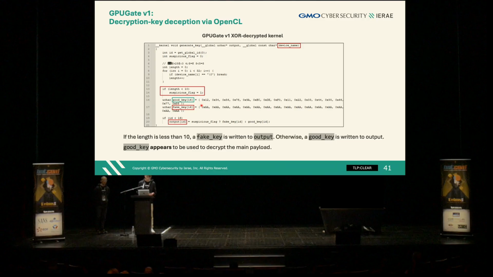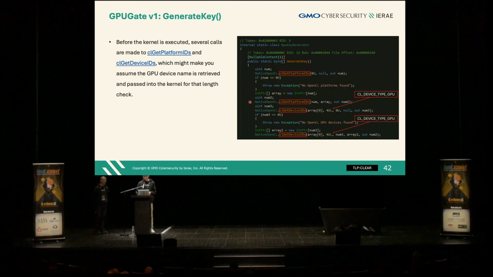So it would appear that this good key is used to decrypt the main payload, right? Before this kernel is actually executed and invoked, like we saw in version 2, you have this series of API calls that we just went through, and several calls are made to CL get platform ID and CL get device ID.